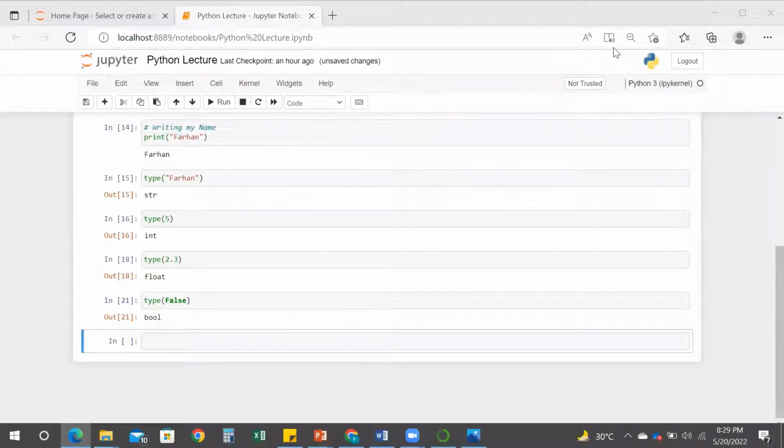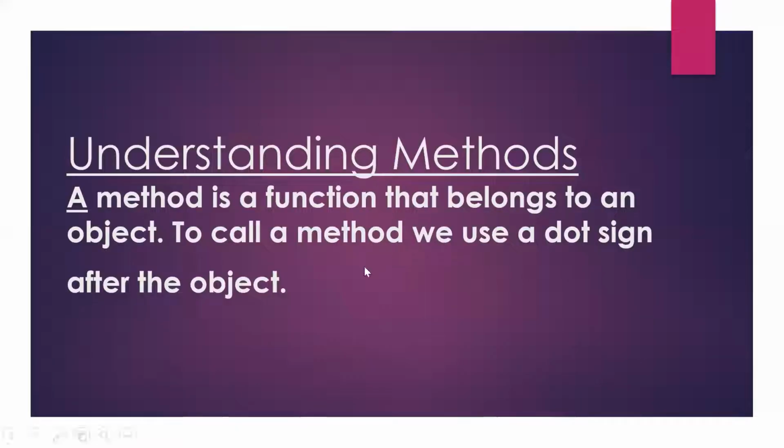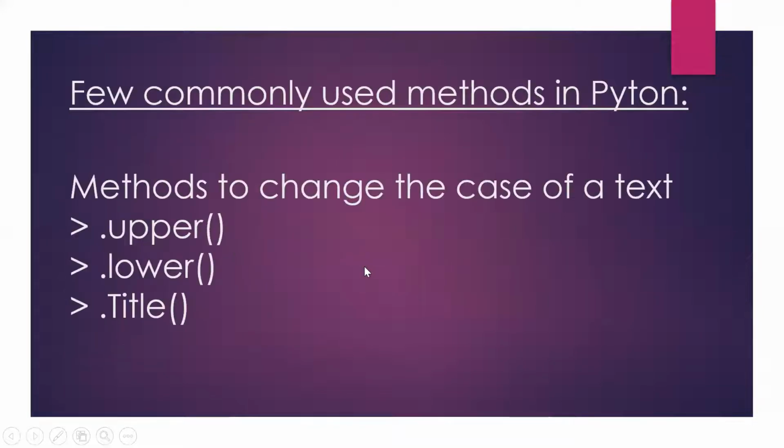So we are on Jupyter notebook. Now let's see what are some commonly used methods in Python. There are certain commonly used methods in Python which are used to change the case of a text. For example, if we want to change the case of a text to uppercase, the method is upper.